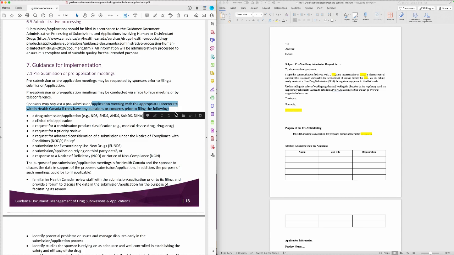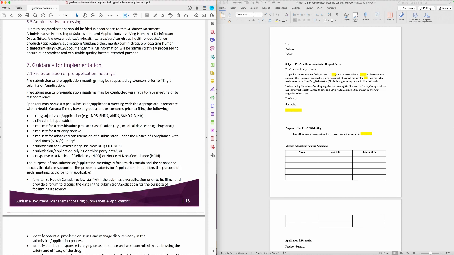So for which types of applications or requests can we have a meeting with Health Canada? These are all pre-NDS, SNDS, DIN A, for example, meetings. So we see here a list of all of those meetings that we can have before submitting our packages to Health Canada.